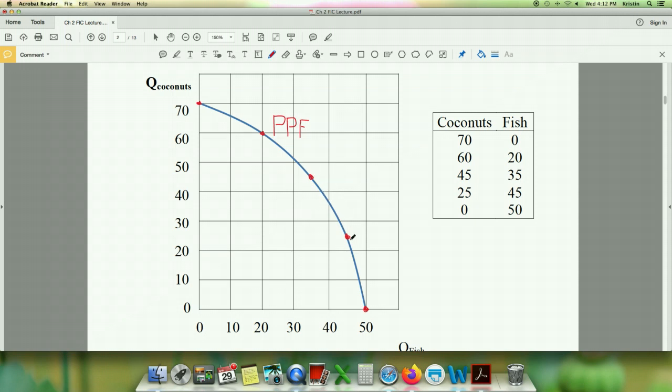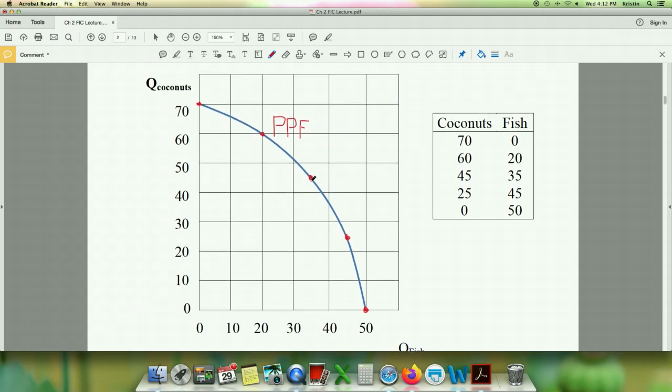So all the points. Okay, so again, this curve illustrates that first principle from chapter 1, that resources are scarce. It also illustrates the idea of opportunity costs or trade-offs, because for the economy, if they want to produce more of one good, they have to give up production of the other good. So let's say the economy is at this point here, and then they want to produce more fish.